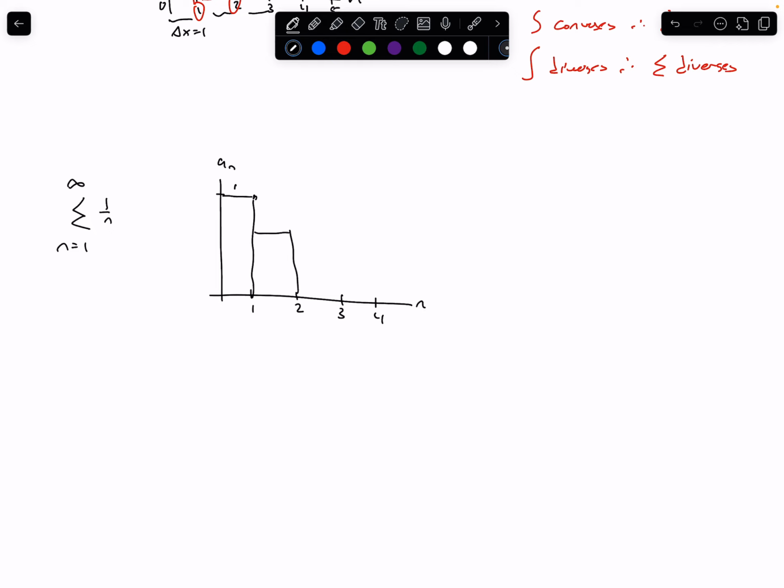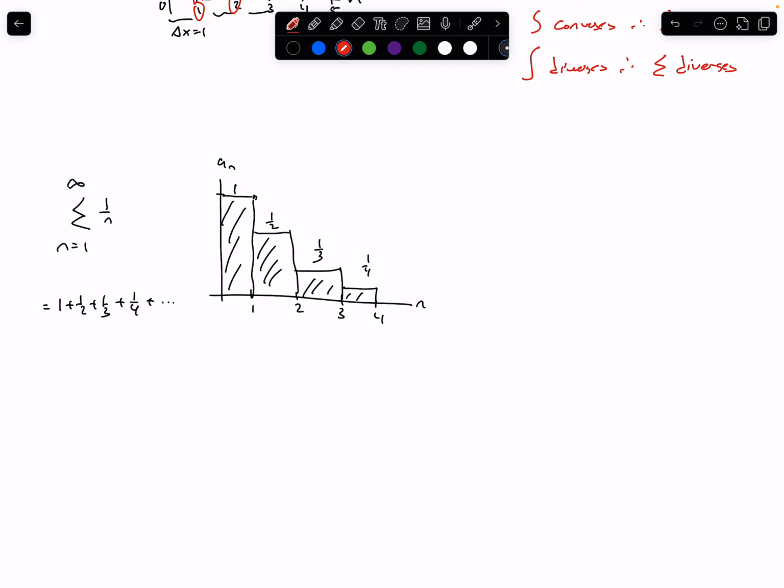My height here would be 1/2, 1/3, and 1/4. So I want to find this area. Well, my area would just be my terms, 1 plus 1/2 plus 1/3 plus 1/4, and it keeps going. Unfortunately, it goes on forever, and we really can't determine what that value is actually going to be.